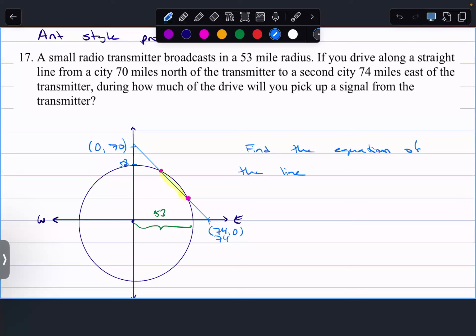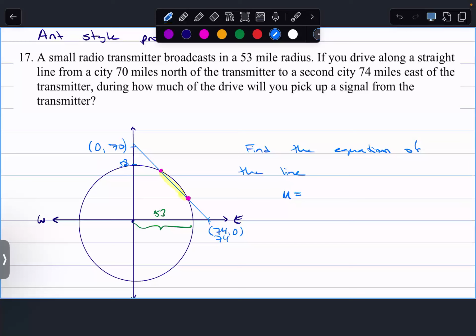I'm hoping it'll give me a nice slope. On the final exam, I'll make sure you have a nice slope, no fractions, because that just makes a mess. You can do it, but it's an added layer of difficulty. And so for the equation of a line from 2 points, the first thing we always need to do is find the slope.